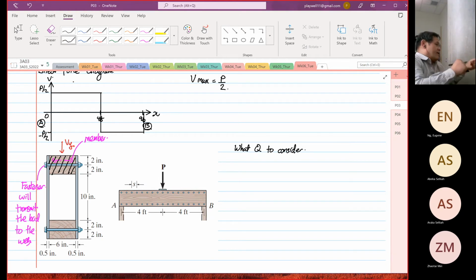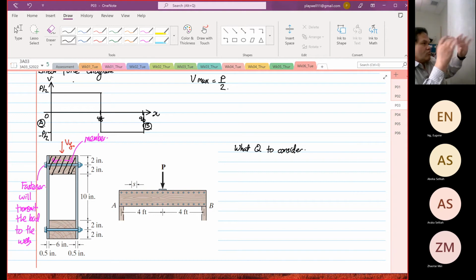The fastener then will transmit. So you have to think of it this way. Once the shear flow occupies the entire member, then it will transmit through the fastener, and then the fastener will transmit the load to the what? To the web. So that is why you take the entire area.